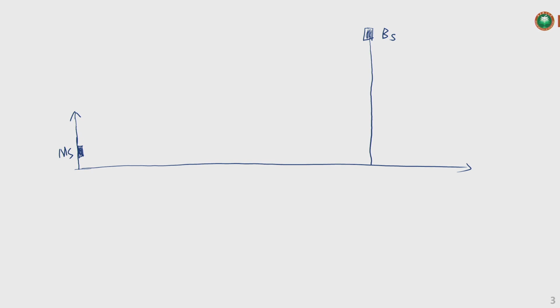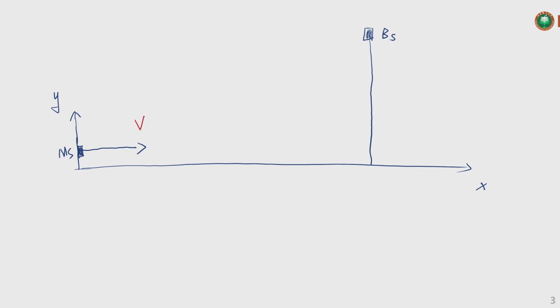So we assume we have two axes, this is the x-axis and this is the y-axis. Our mobile user moves along this direction towards the base station with velocity v, for example.